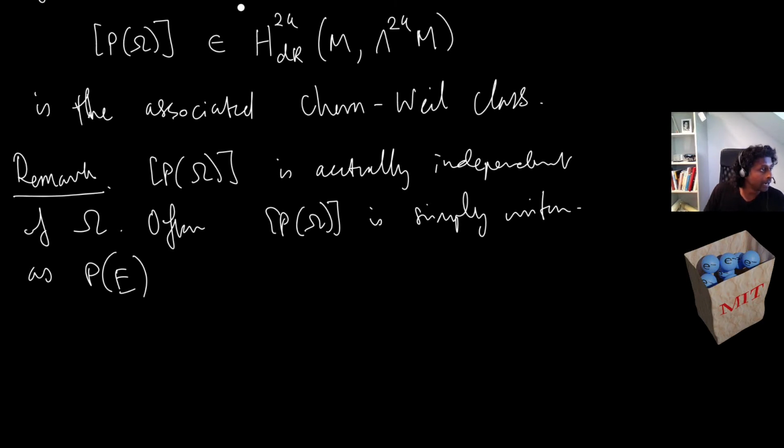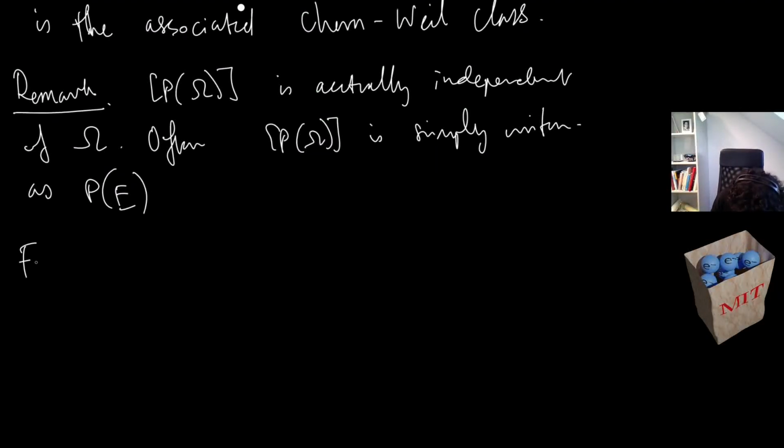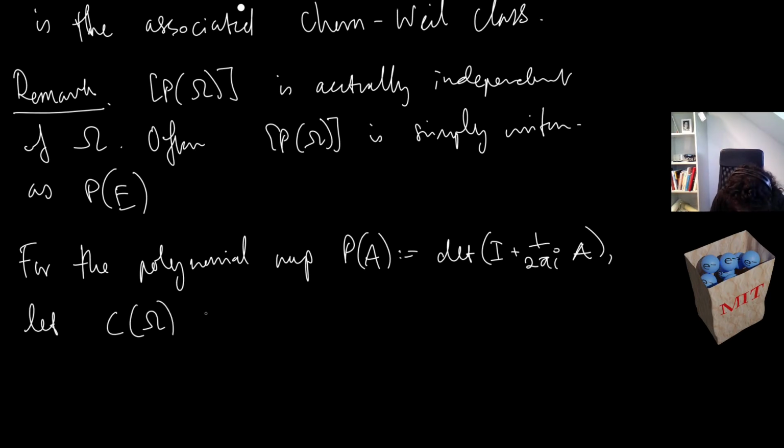All right. So now for the polynomial map P of A, defined to be the determinant of I plus i over 2 pi of A, let C of omega be P of omega.